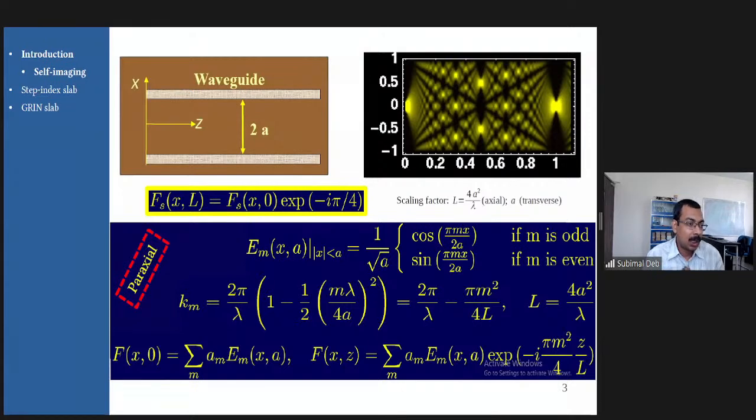And what we are going to look at is something beyond the paraxial approximation, where the lambda could be of the order of a. If lambda is much smaller than a, this relation holds good. If not, then the paraxial approximation fails.